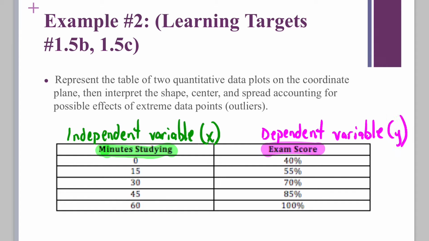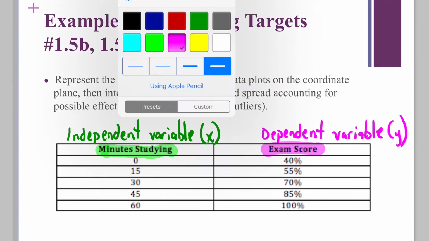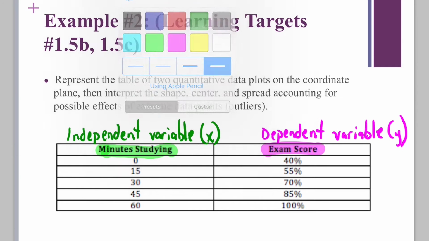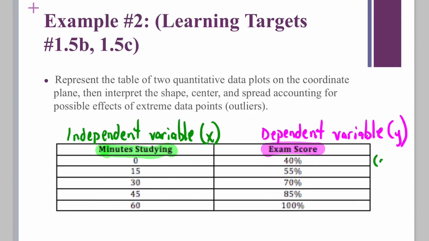So now you may recognize that we have an ordered pair. Our ordered pairs that we can now write are going to be 0 for our minutes of studying. And what score would you estimate that you would get if you studied 0? Well, you would estimate that you would get a 40%.